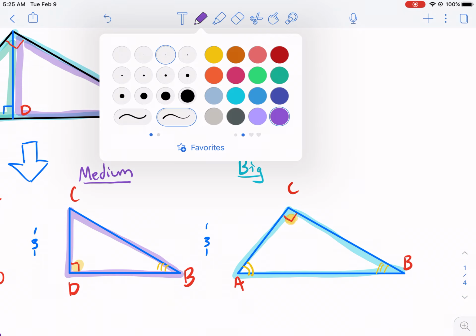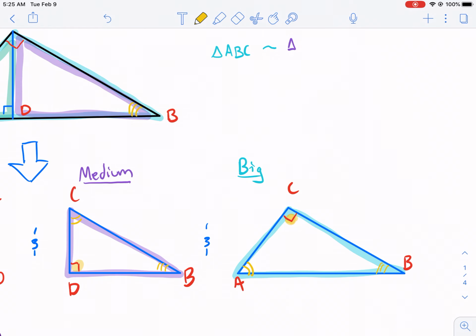Actually, what I can also say is that angle C is going to be equivalent to angle A. Because if B is the same as B and D is the same as C, then that means C has got to be the same as A. Just to recap, B and B are the same, the right angles are the same, therefore by the third angle theorem, C and A need to be the same.